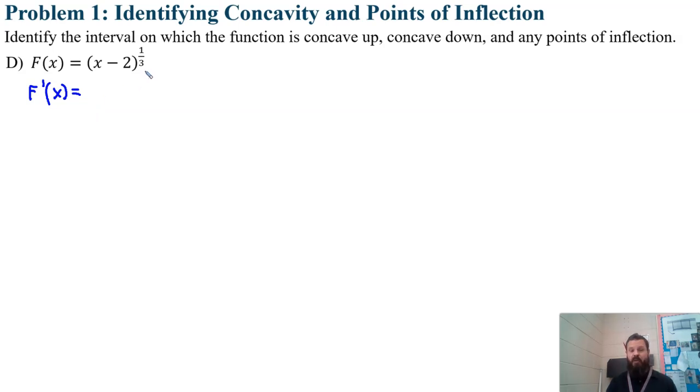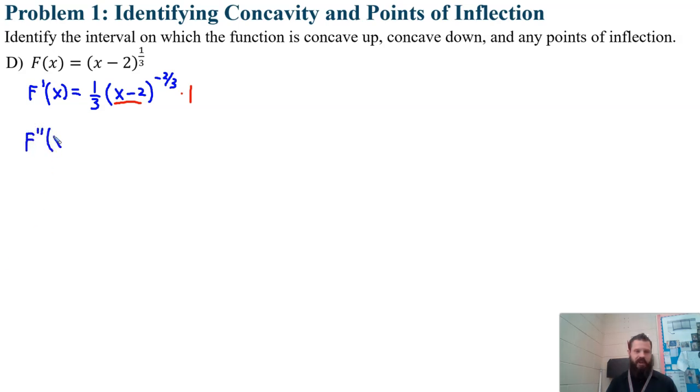Okay, using my power rule, we'd have a 1/3 out front times the x minus 2 to the 1/3 minus 1. In other words, 1/3 minus 3/3 is going to be negative 2/3. Now with this one, we technically are using the chain rule since there is an inner function, but the derivative of my inner function, my x minus 2, is just a 1. We can ignore that. And then let's find the second derivative.